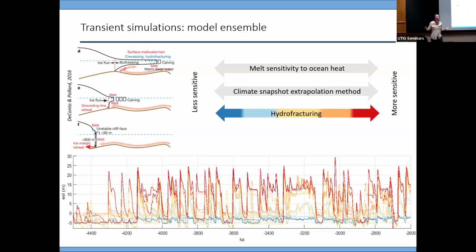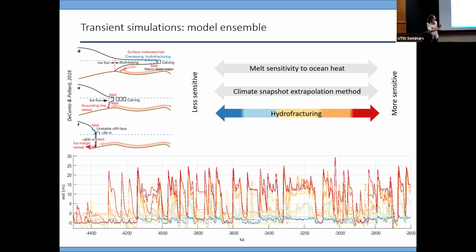It's this positive feedback if you have an inward dipping bed. And so here, these blue lines show the models where this process is turned off. So hydrofracturing is 0. Even if you have a ton of meltwater, you're not going to break up the ice shelf. And red is the max values explored in previous work. So you can see it really impacts the amplitude of these sea level highstands.